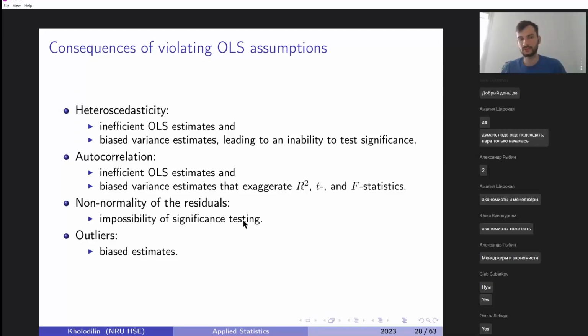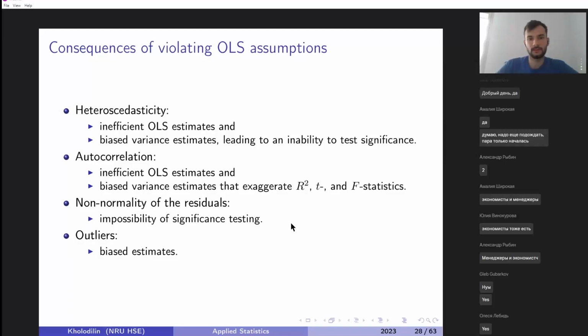So build the inference interval, talk about significance, and so on. So then if you don't have the normal distribution, then we actually cannot say most of the standard things about OLS.